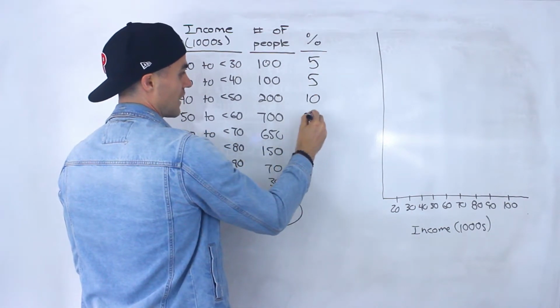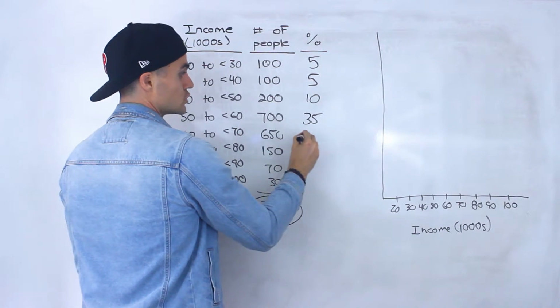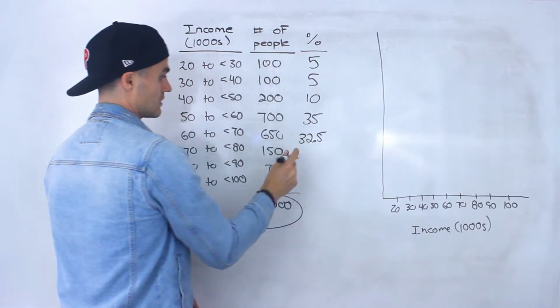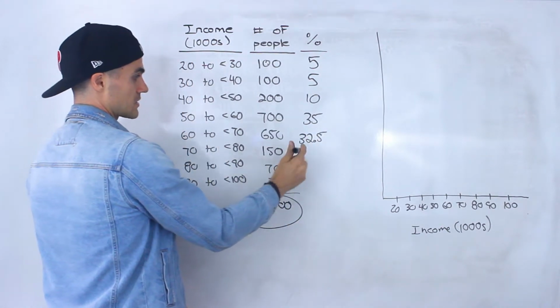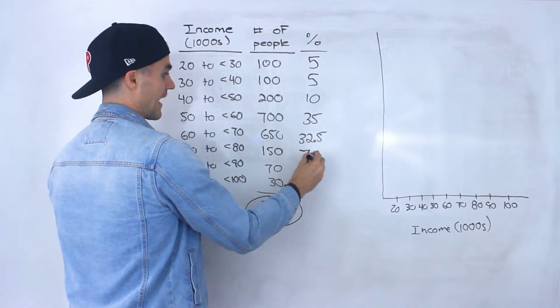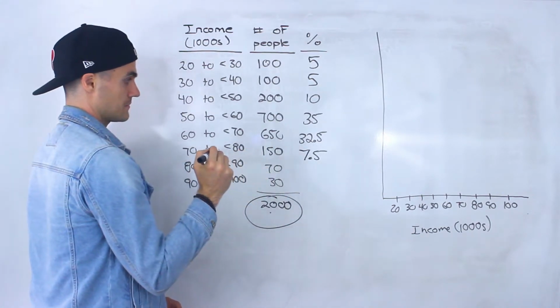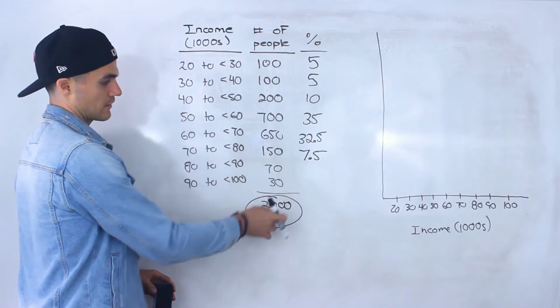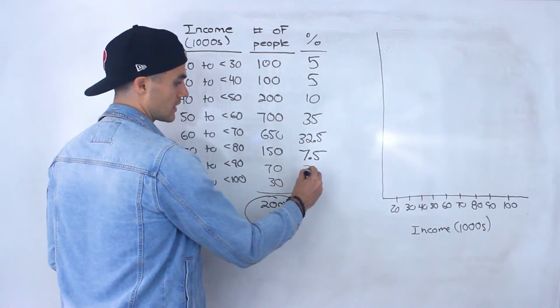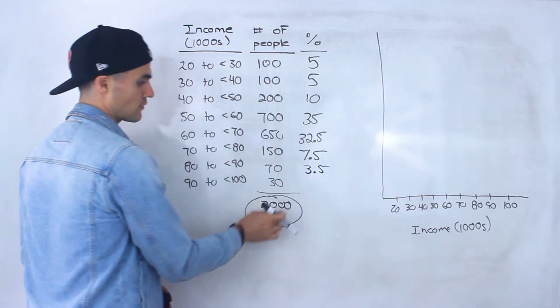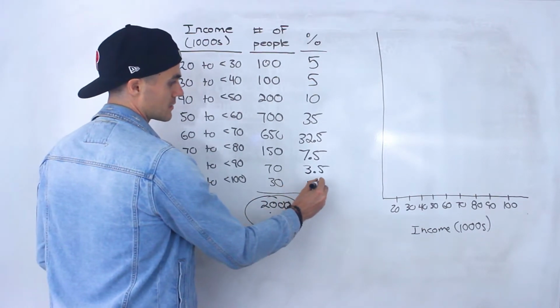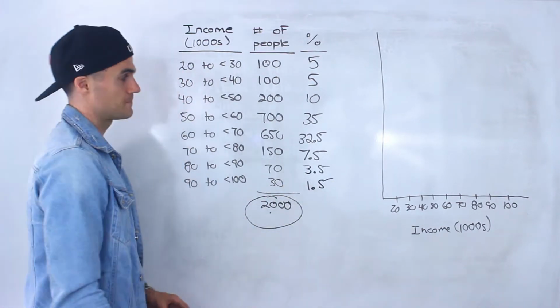This is going to be 35%. This is going to be 32.5%. This here is going to be 7.5%. Now this 70 here out of the 2,000, that's going to be 3.5%. And then the 30 out of 2,000 is going to be 1.5%.